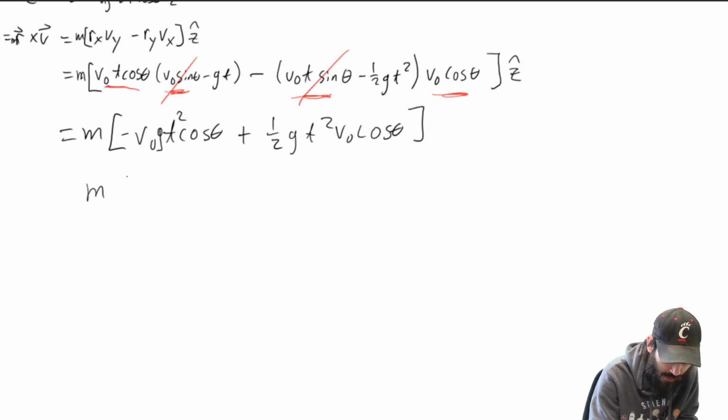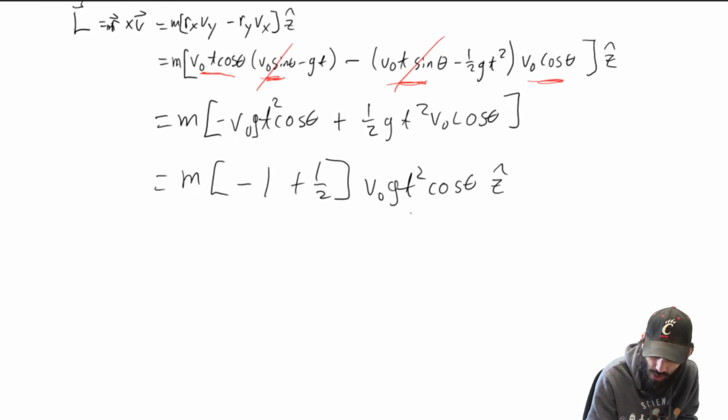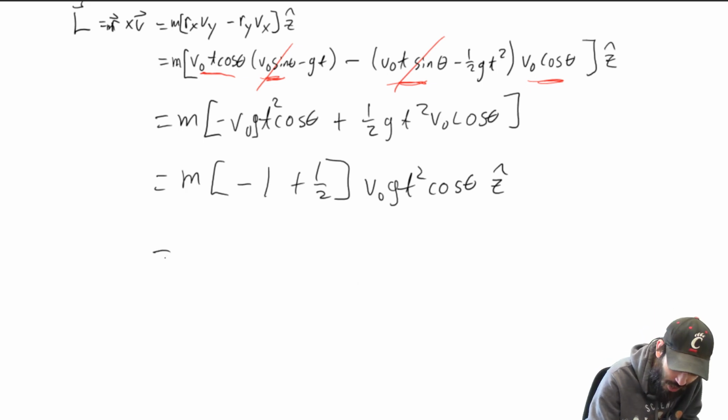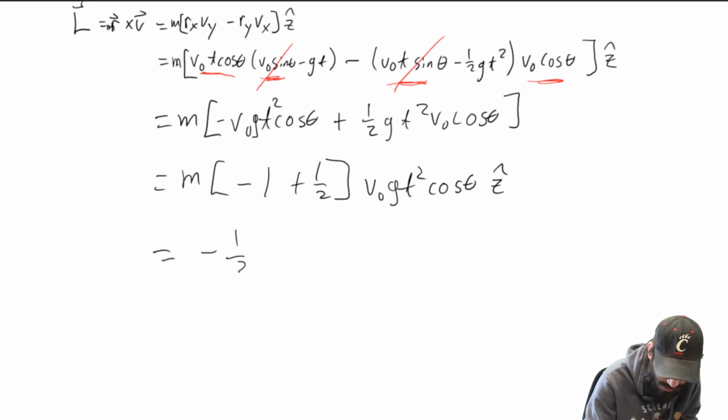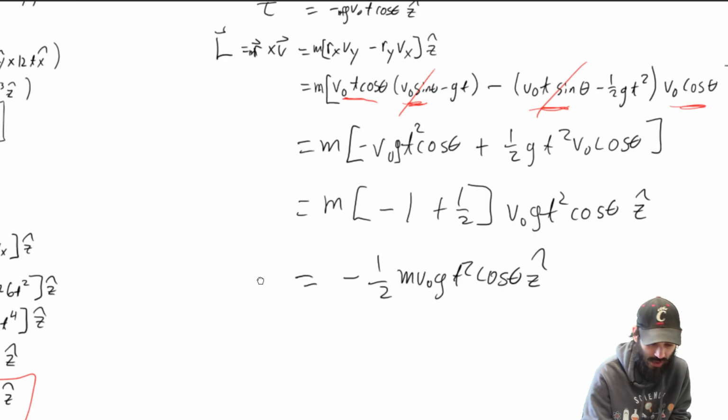So this is going to be m times minus 1 plus 1/2 times v0 times g times t squared times cosine of theta times z hat. 1/2 minus 1 is negative 1/2. And so this is going to be minus 1/2 m v0 g t squared cosine of theta times z hat. And that is our angular momentum.